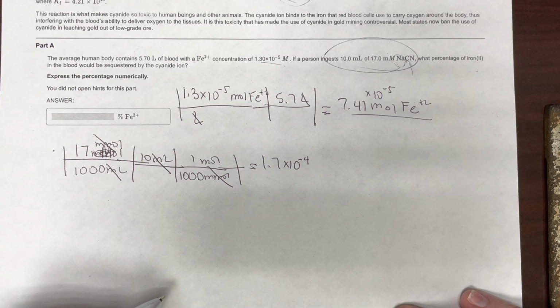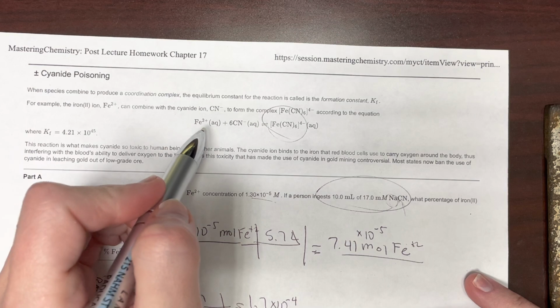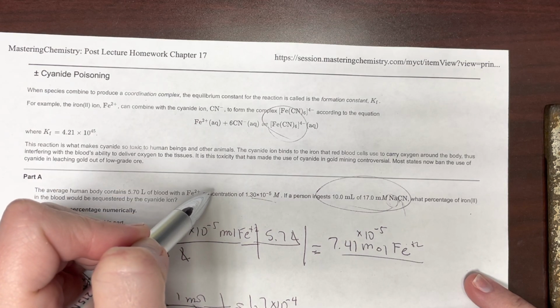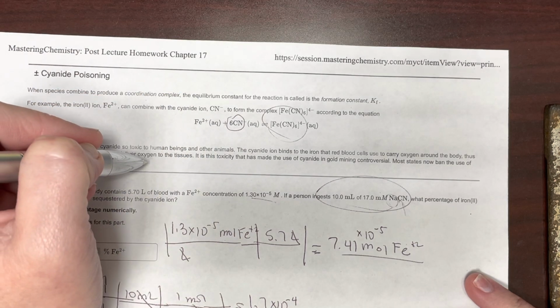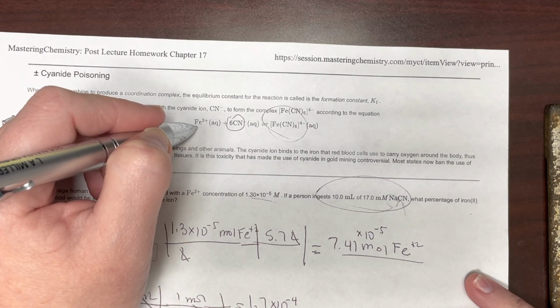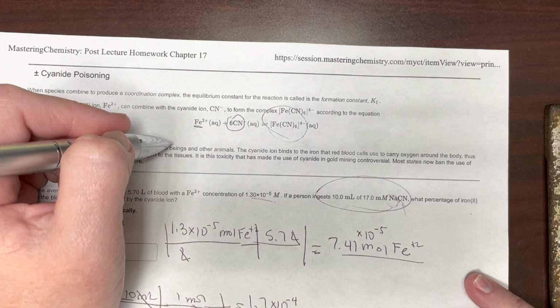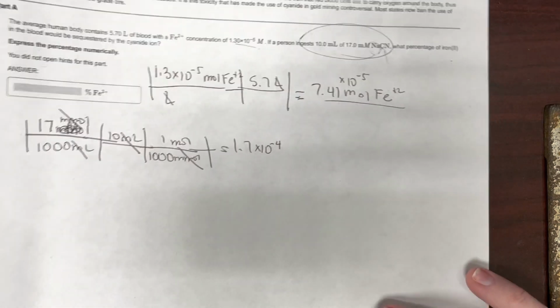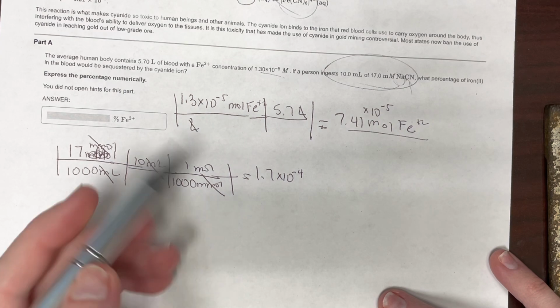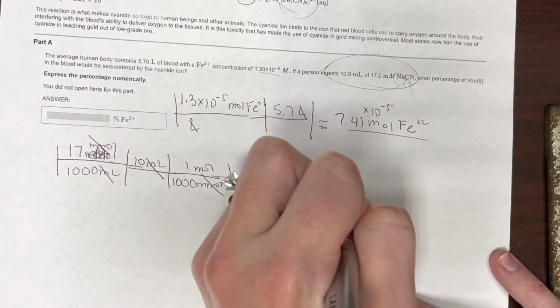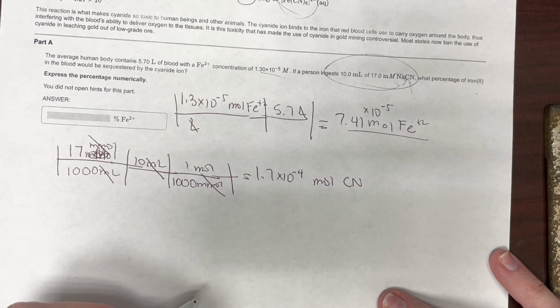Now let's look at our ratio up here. We know that it takes 6 moles of cyanide to bind with 1 mole of iron, so we're going to use a mole ratio.